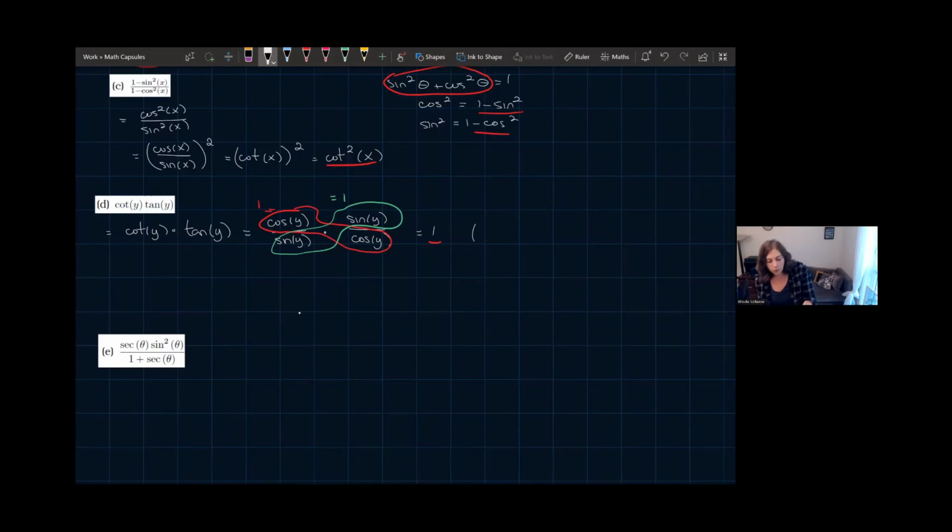So it's not true if sine of y is equal to 0. And it's not true if cos of y is equal to 0. But the rest of the time it would work. It's just good to keep those things in mind. So anytime you divide by an unknown, keep in mind that there's the situation where you just divided by 0 and you need to kind of remove that from your set of possible answers or consider it on its own.